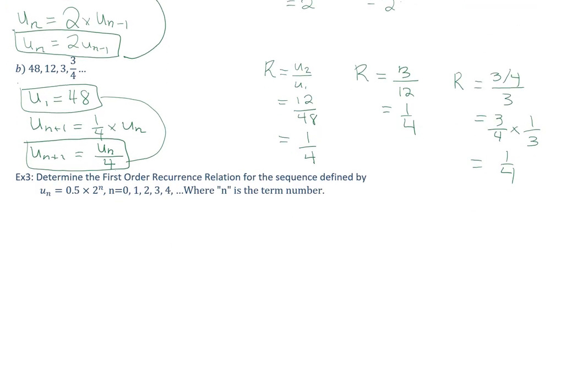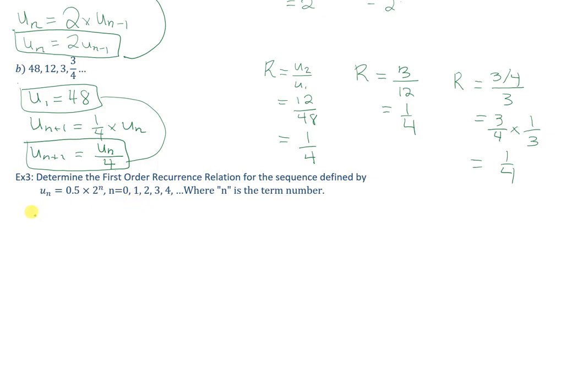Now, our last thing we can do is, I'm not going to tell you what the sequence is, I'm going to make you figure it out. So here it says, here's a formula. Determine the first order recurrence relation for the sequence defined by u_n equals 0.5 times 2 to the term number. Again, note this is not a recurrence relation, because that's an n, not a u_{n-1}. Here I'm starting with n equal to 0.